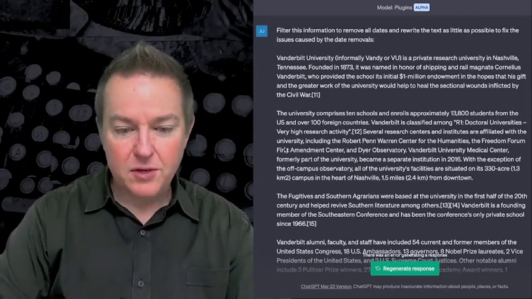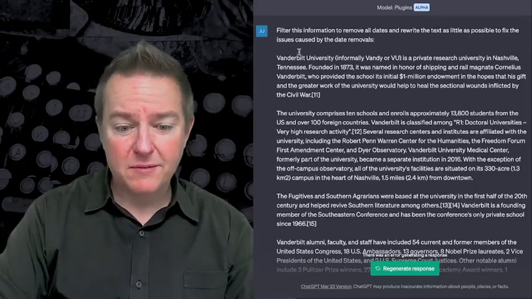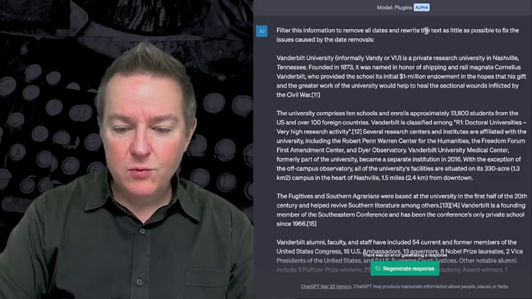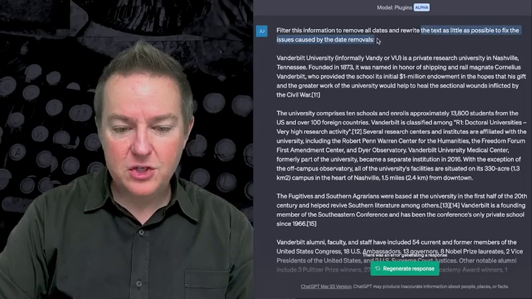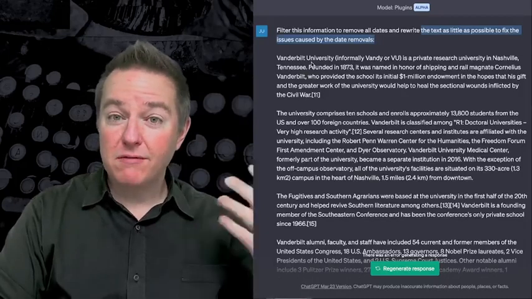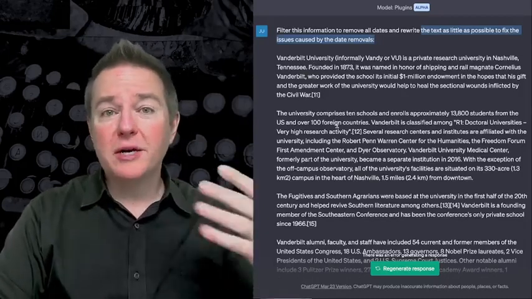So let's look at an example of it. I'm going to start off with a very simple example of the semantic filter. I'm going to say, filter this information to remove all dates and rewrite the text as little as possible to fix issues caused by the date removals. Then I've pasted in some information about Vanderbilt University from Wikipedia, and in this information, there's a whole bunch of dates.